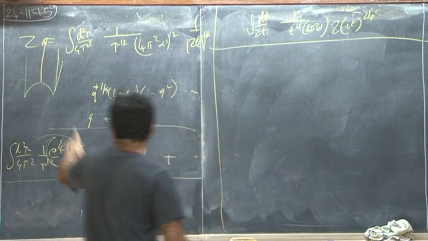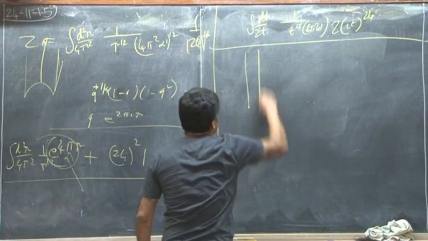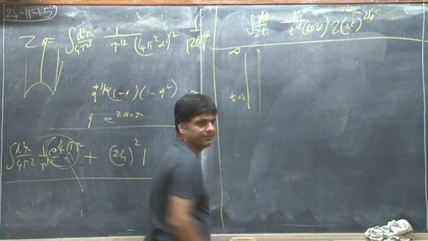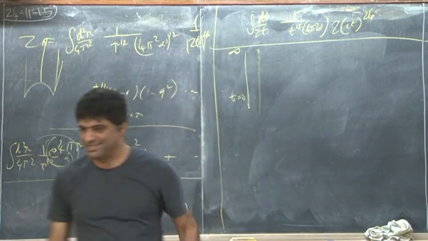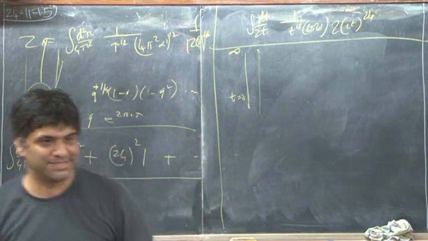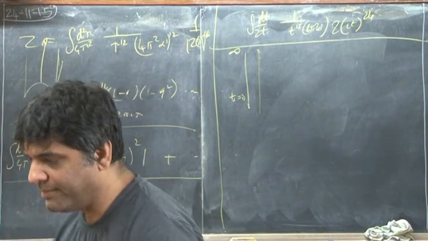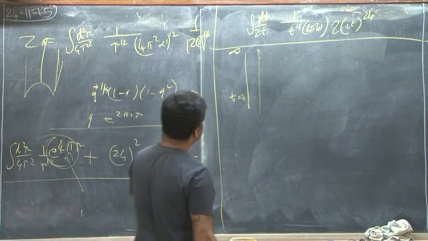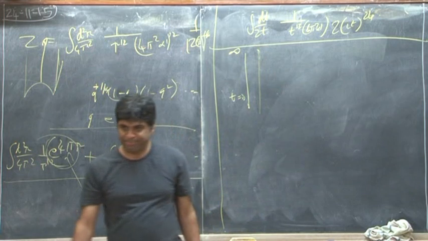However, with the open string, unlike with the closed string, our integration domain was t equals 0 to infinity. So now there were two boundaries of this moduli space: t equals infinity, which we just talked about, but also t equals 0. And the next question is what happens at t equals 0?